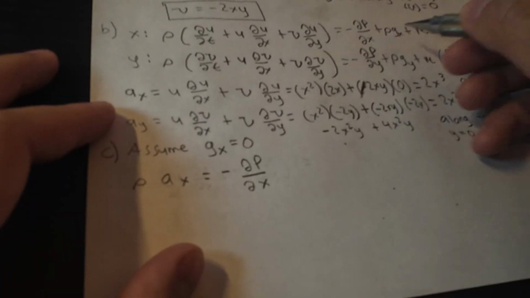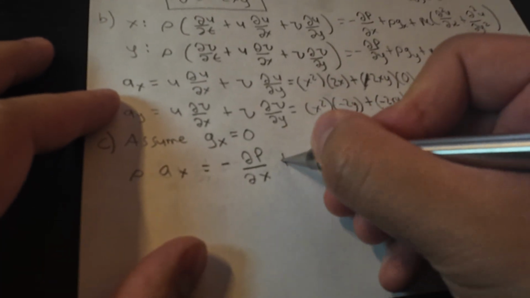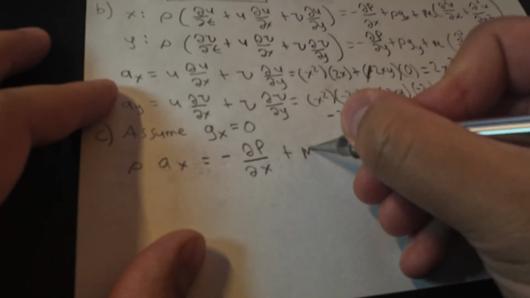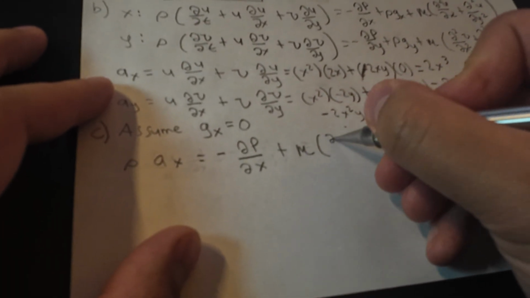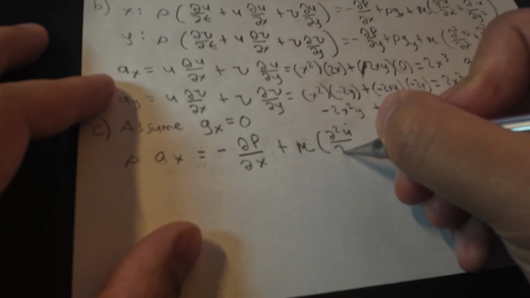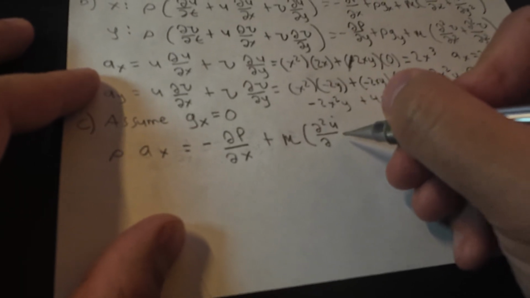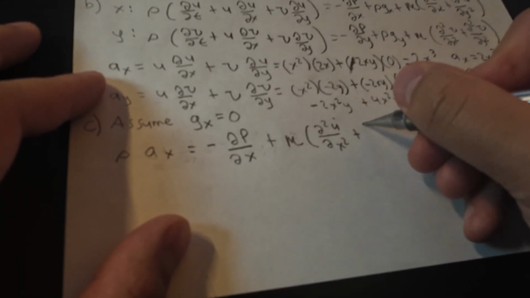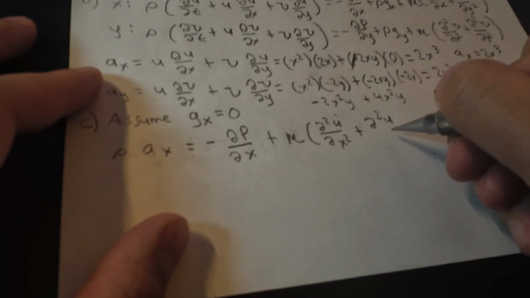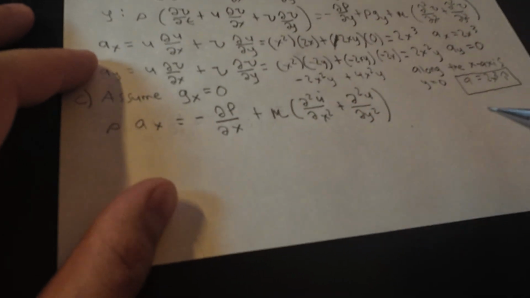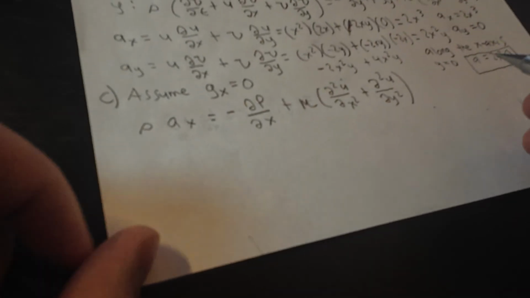This is 0, so that will go to 0 plus mu x squared plus, okay, and we can get x alone, right?